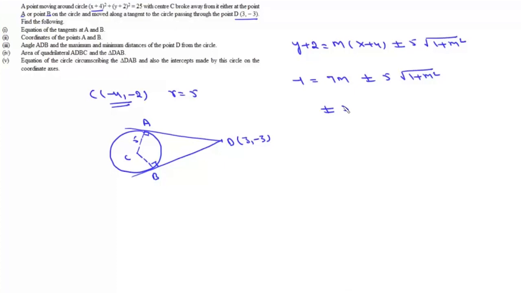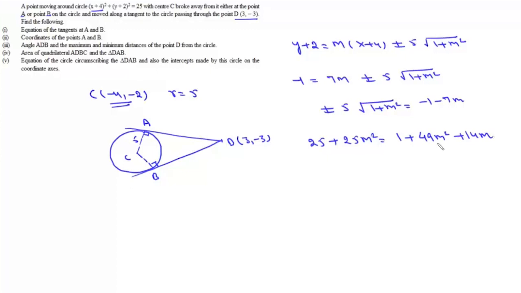We can also write this as plus minus 5 under root of 1 plus m square, and it will be equal to -1 minus 7m. Now if we square it, we can write 25 plus 25m square, and it will be equal to 1 plus 49m square plus 14m.